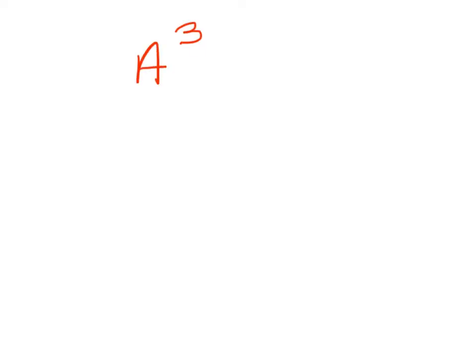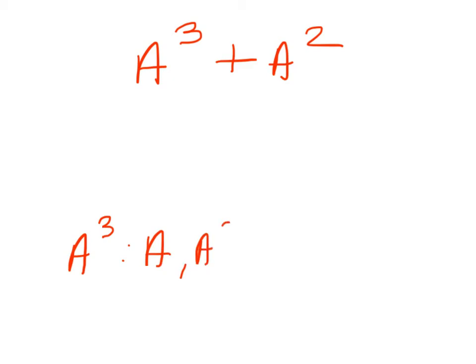Let's say we have a to the third plus a to the second. Of all the things that you can divide a to the third by, and it comes out even, you should list those. A to the third, you can divide by a, a squared, and a to the third.